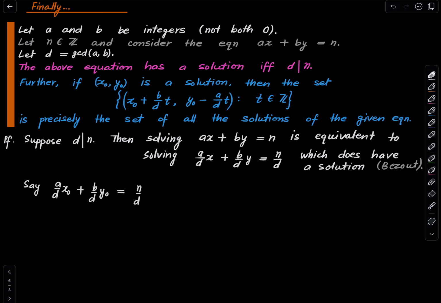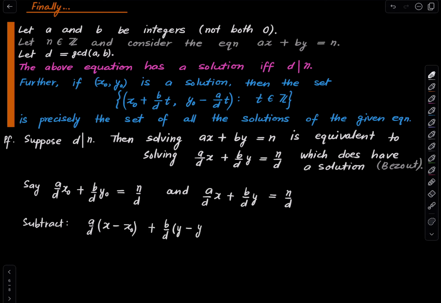Say this happens, and this also happens for some x and y. So then subtract. We get a by d times x minus x naught plus b by d times y minus y naught is 0, which is the same business.